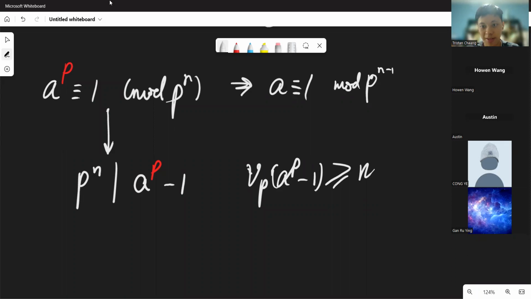Well, yeah, that's a specific case, but I want to prove the general case. So we want to prove that for all a, p, and n that satisfy the left equation, the right equation is true. Well, that's true. 5 is 1 mod 1. Any two integers are congruent mod 1.